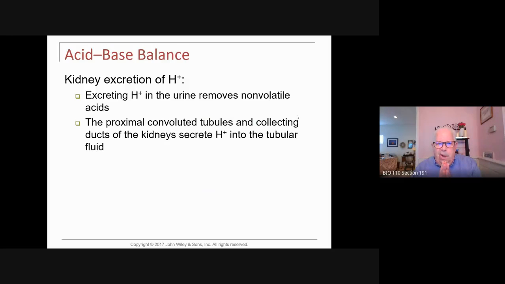If you have too much acid in your body, your kidneys will excrete acid. And that acid is H+. So your kidneys can excrete acid.